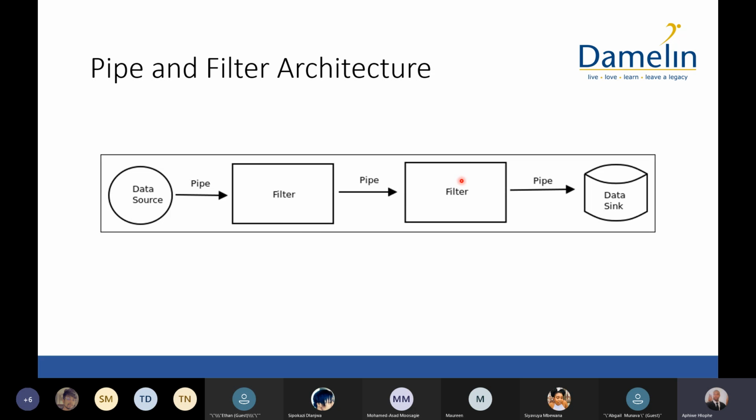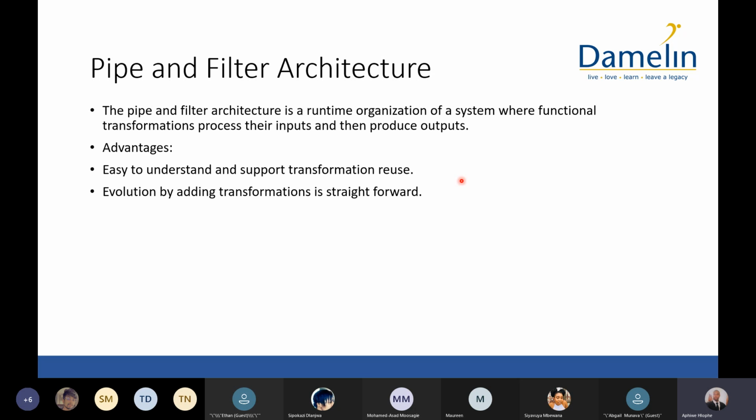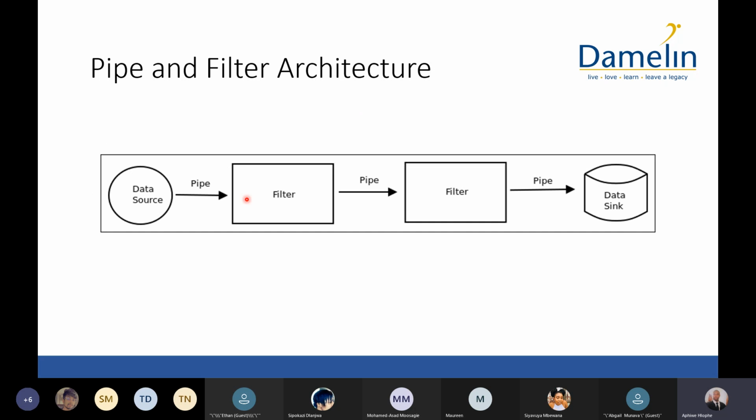The pipes are the interfaces. It could be an input interface or an output interface. The filter itself is the component. So the pipe and filter architecture is a runtime organization of a system where functional transformations process their inputs and then produce output. The other aspect of this is that this is a runtime driven architecture.